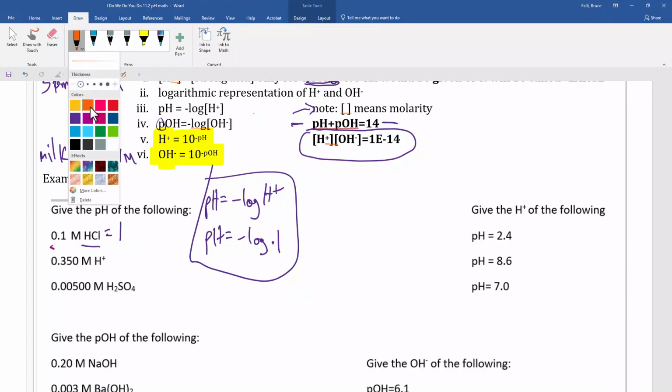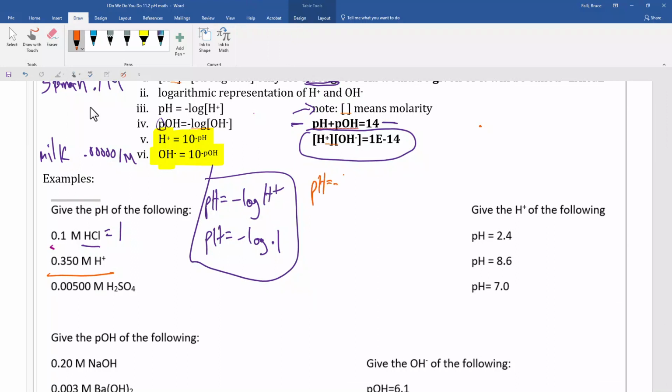The next one, if I'm doing 0.350 molar H+, pH equals negative log of [H+] equals negative log of 0.35 equals, reaching for my calculator because I can't do that one in my head, negative log 0.35, enter.